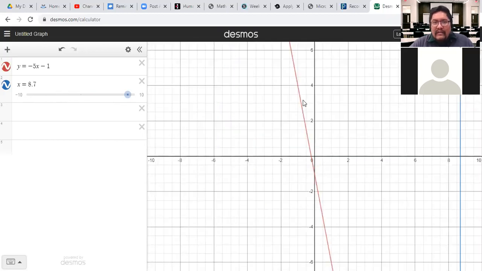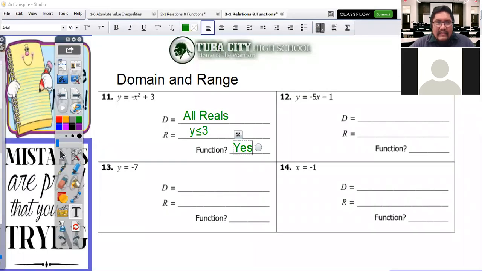So we should have all our questions answered. And again, that's a good thing about using Desmos, is that you can pretty much see all of the things you need to work on at once. So domain in this case will be all real numbers. Range is all real numbers. And it is indeed a function, so that's a yes.